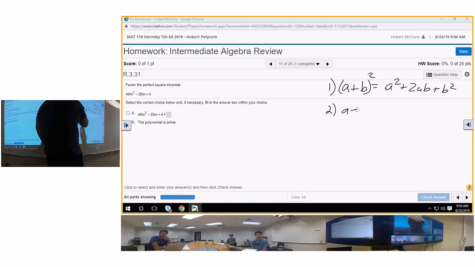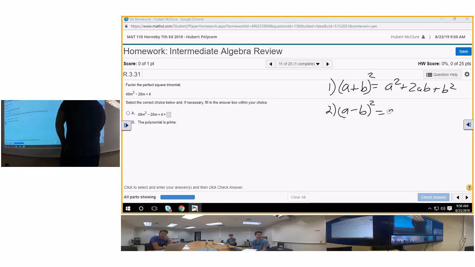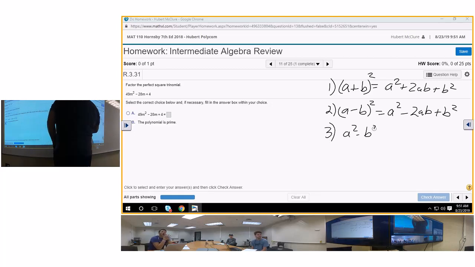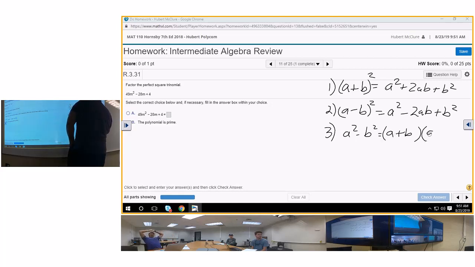A minus B quantity squared is equal to A squared minus 2AB plus B squared. You remember them now? 3. A squared minus B squared is equal to A plus B times A minus B.